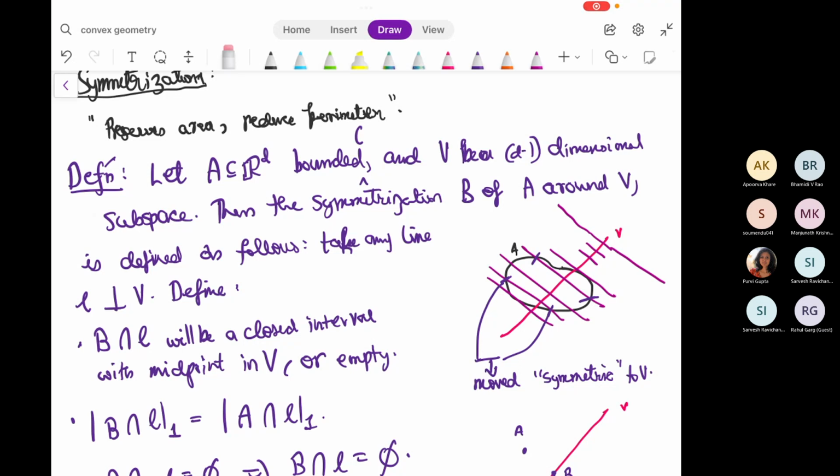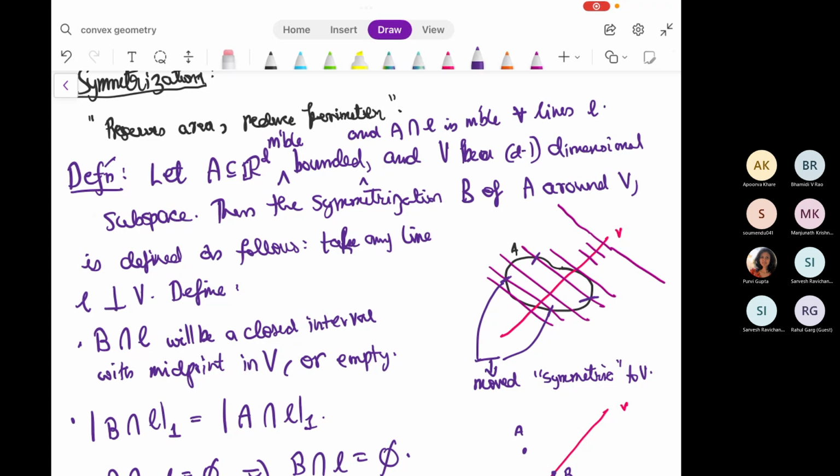So A is a measurable set such that A intersection L is measurable for all lines L. Typically this will be the case, for example, for convex sets and so on.